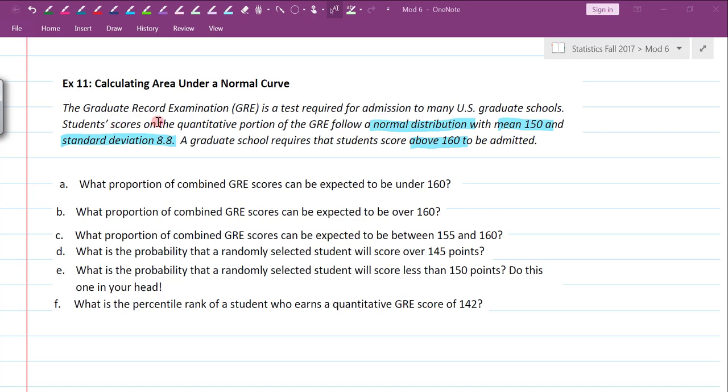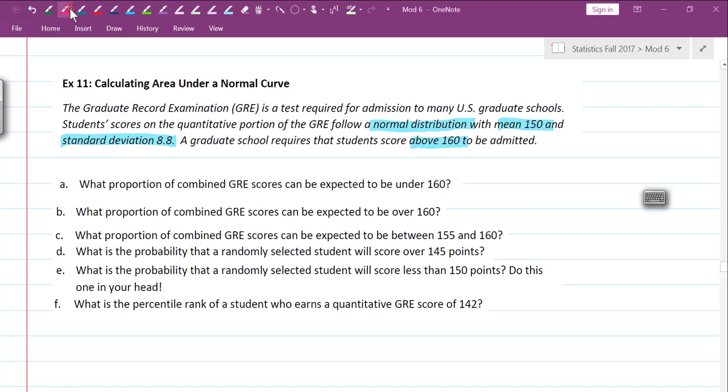Student scores on the quantitative portion of the GRE follow a normal distribution with a mean of 150 and a standard deviation of 8.8. A graduate school requires that students score above 160 to be admitted. What portion of the GRE scores can be expected to be under 160?